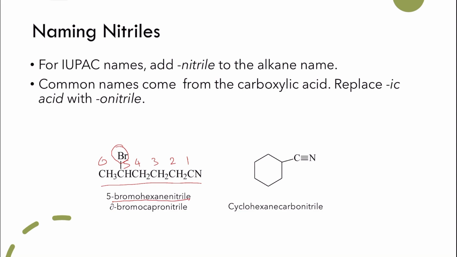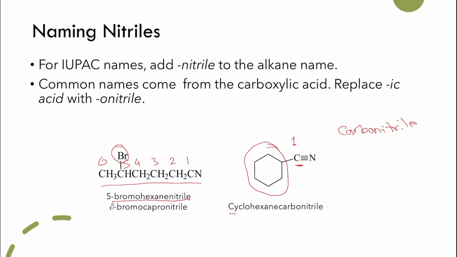Another example here. This is a cyclohexyl group. So the parent alkane is now the one with only one carbon, this one. I'm not going to call this methane nitrile, but we call it carbonitrile. So we call this carbonitrile, and I consider the cyclohexane as a substituent or as a part of my structure.